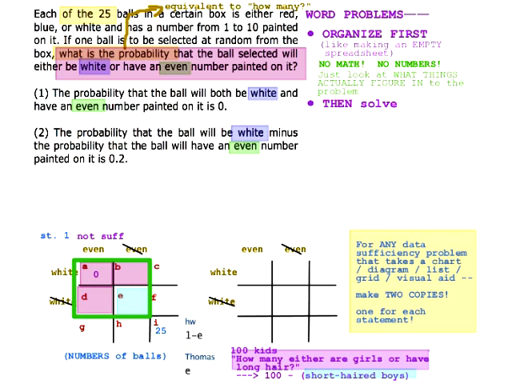I'm sure that's 5, but what is 5? Careful. The word minus got past you there. What you can do with this, because it's not white balls with even numbers, that's a difference.